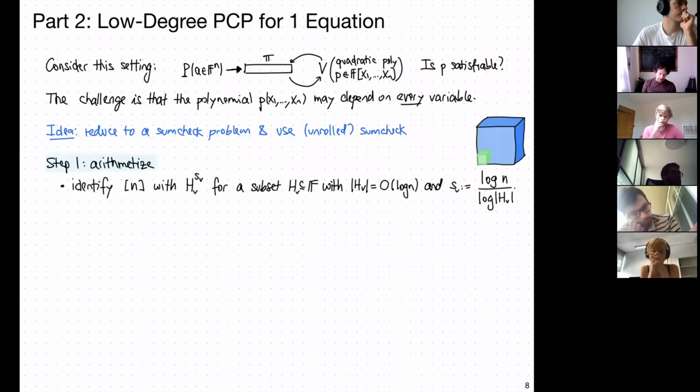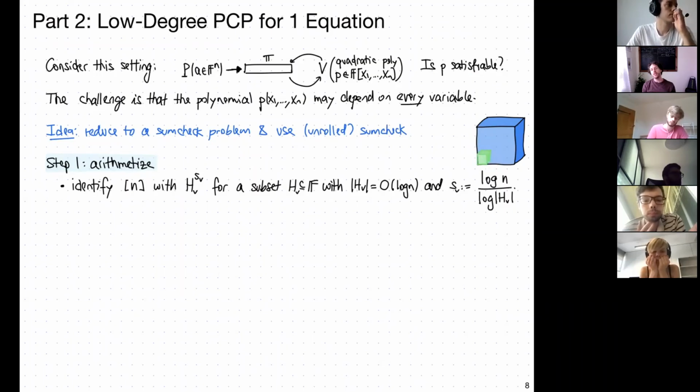The idea is to define a polynomial such that if the assignment is satisfied, then the sum of the elements in the green cube would be 0, and otherwise it would be non-zero.